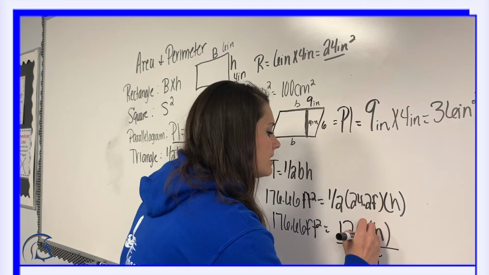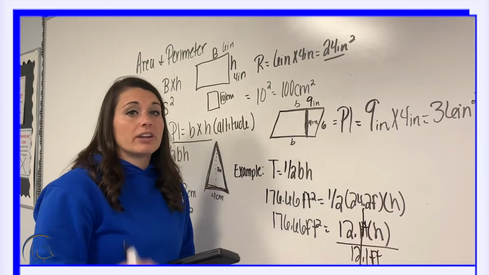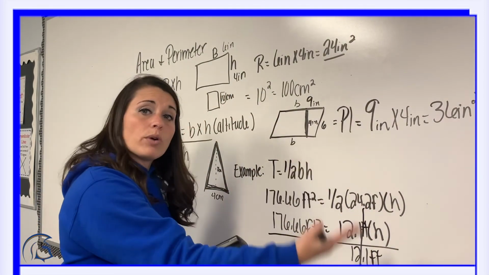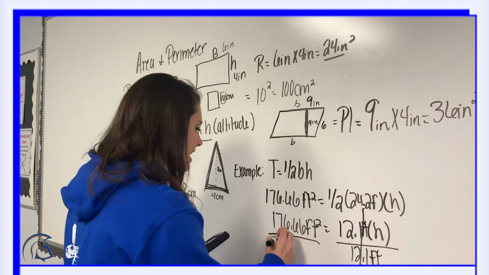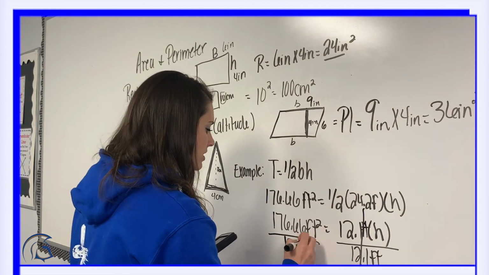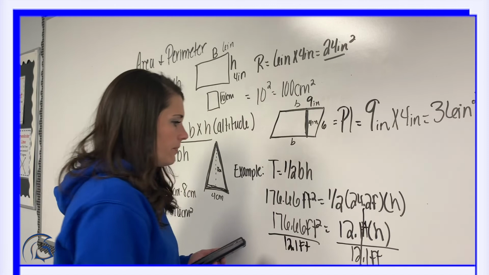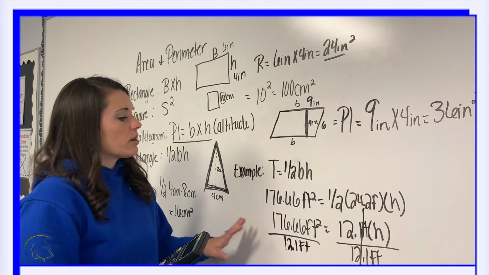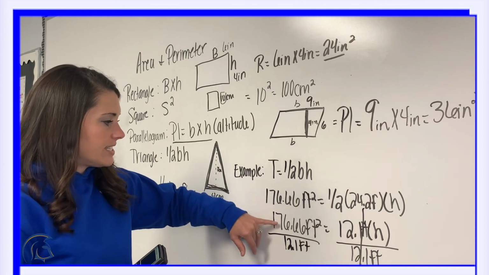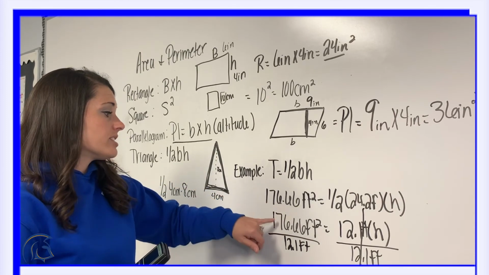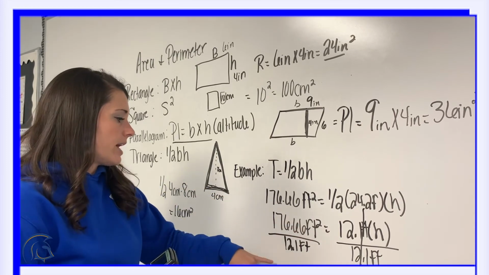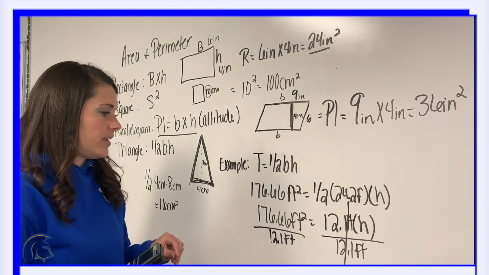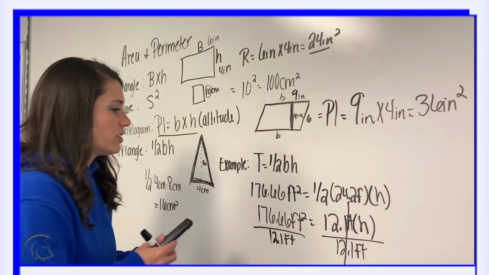I'm going to go ahead and put my signs here and kill the 12.1 on that side, but what I do to one side of the equation, I always have to do to the other side of the equation. And so, that is going to give me, so now you have 176.66 feet squared divided by 12.1 feet. Go ahead and then plug that into your calculator.